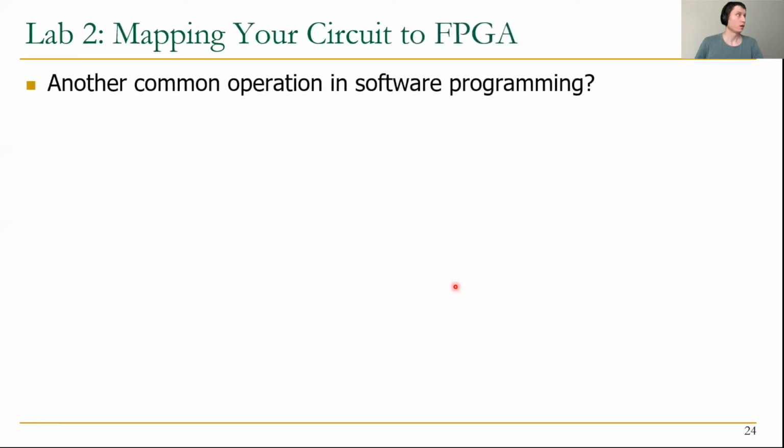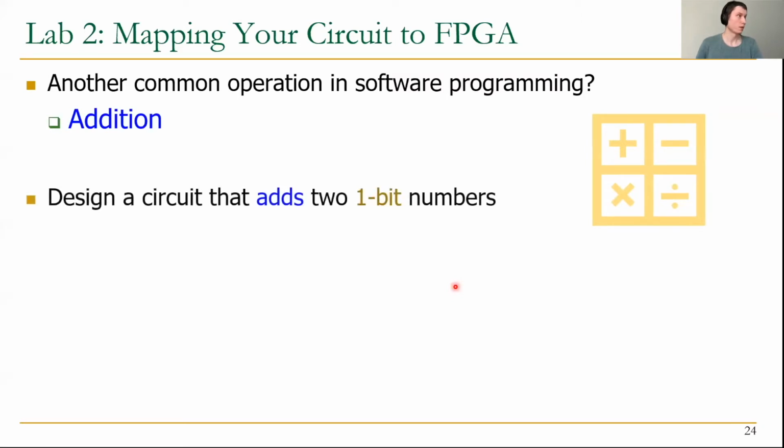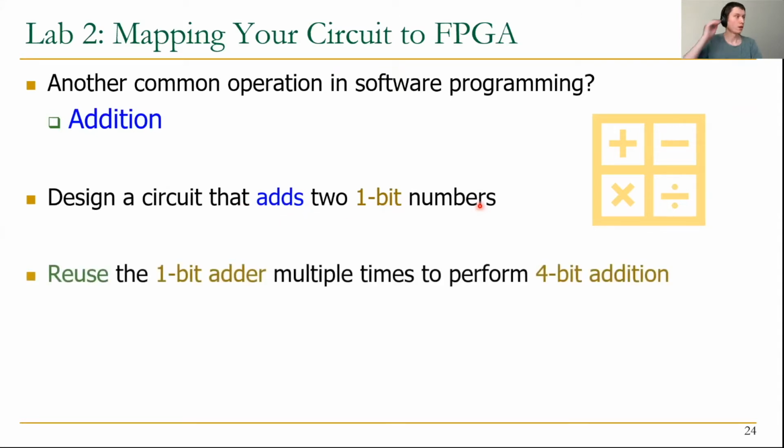In the second lab, we will do something slightly more involved. We will learn how to design a circuit that performs an addition operation. This addition circuit will add two one-bit numbers. Later, we will design another circuit that reuses this one-bit adder to build a bigger, 4-bit adder.